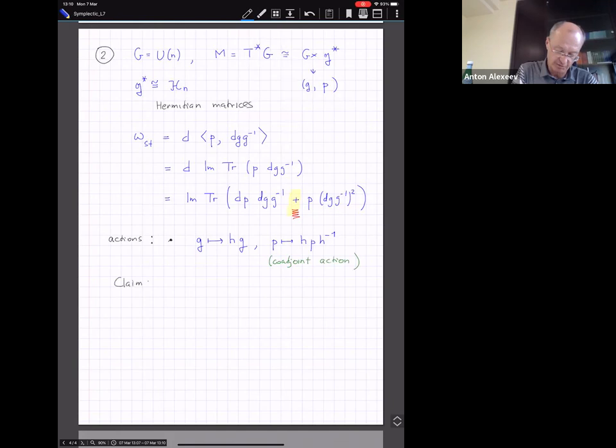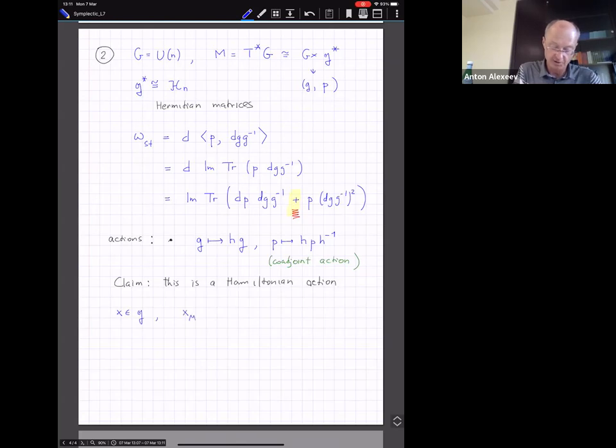I claim that this is a Hamiltonian action, and I would like to compute the moment map. So why is it true? First of all, probably it's a good idea to write how the fundamental vector fields look like.